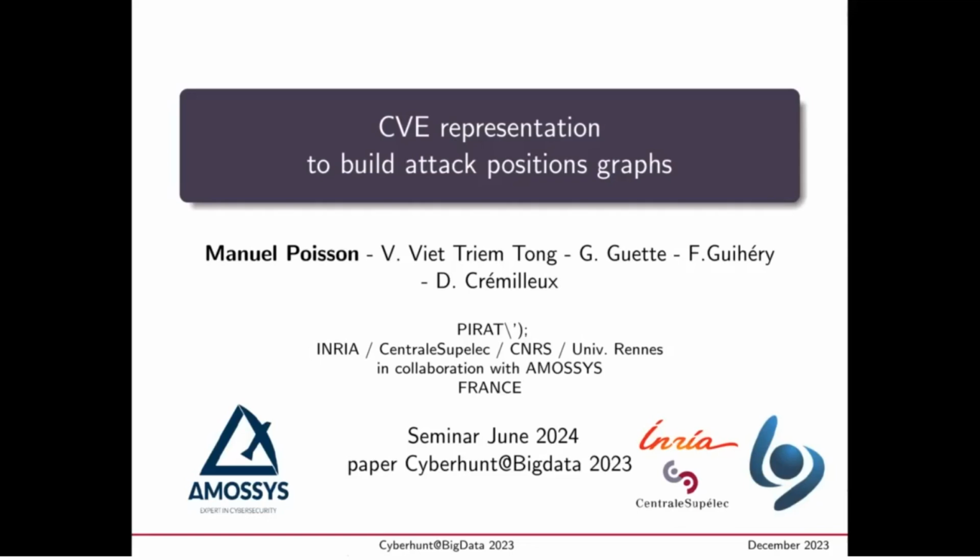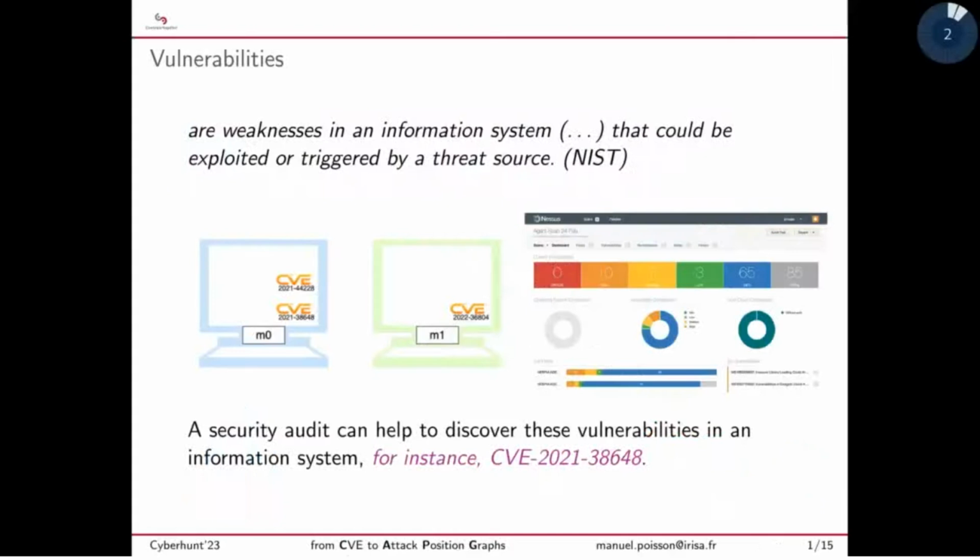Regularly, security audits can help to discover vulnerabilities in the information system. Here, for example, we have two machines. One machine is vulnerable to two CVE vulnerabilities, and another one is vulnerable to another vulnerability. On the right side, we have a Nessus screenshot.